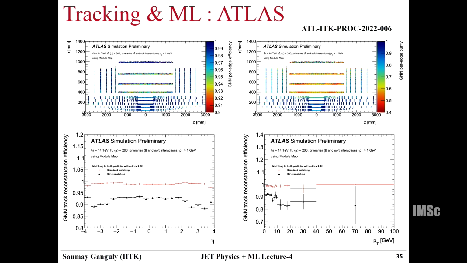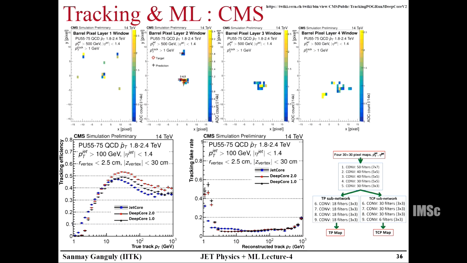So, this is the core takeaway, that the efficiency is not dropping when you go to higher pT using this method, whereas the whole problem with track reconstruction was that when you go to high pT, your efficiency drops and resolution becomes poor. So, this is a live demonstration from ATLAS simulation that we can address those sorts of problems using machine learning methods, and these are fundamental problems like individual charged particle reconstruction. If that goes nuts, then we are in deep trouble, and we are sort of recovering from those problems.